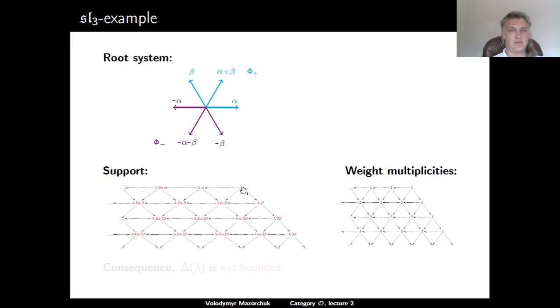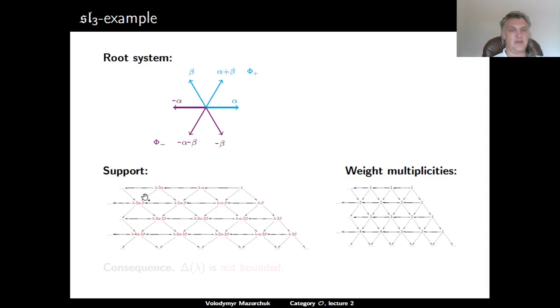We start from λ, and we are allowed to go along negative roots. So λ − α, λ − 2α, and so on. λ − β, λ − α − β, λ − 2α − β, and so on. λ − 2β, λ − α − 2β, and so on.